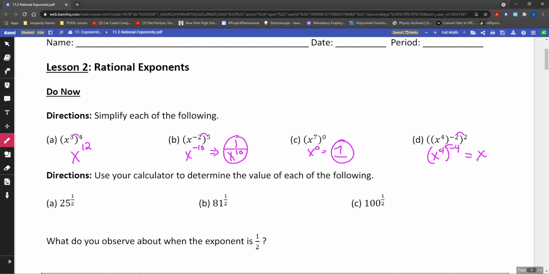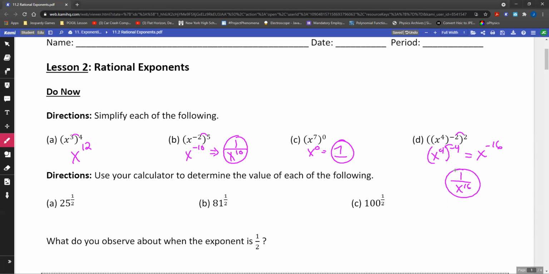So 4 times negative 4 ends up being negative 16. And again, just like with part B, we're just going to move the x to the 16th to the bottom and turn that 16 into a positive.